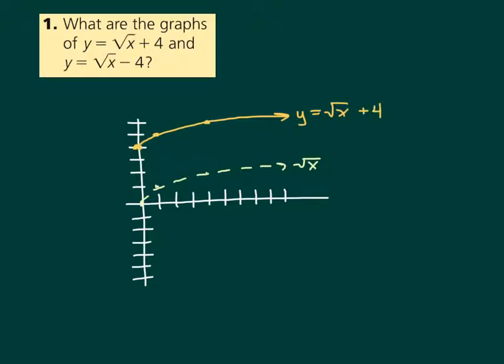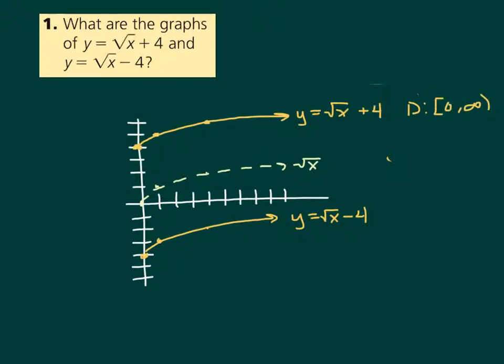So when you go to graph the square root of x minus 4, that's just going to be here. Move every point down 4. Let's say up here for y equals the square root of x plus 4, my domain is still 0 to infinity.